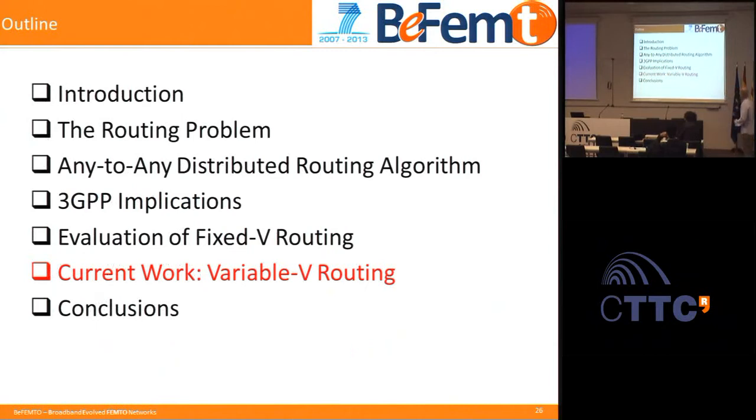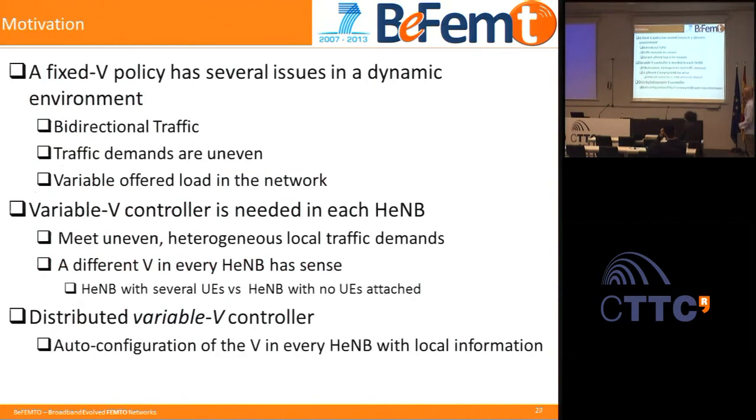In order to solve all these kinds of problems, we thought that it would be good to change this V parameter from a fixed constant to a variable V algorithm. What was the purpose of all this?